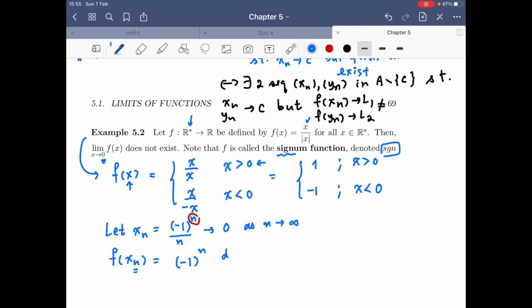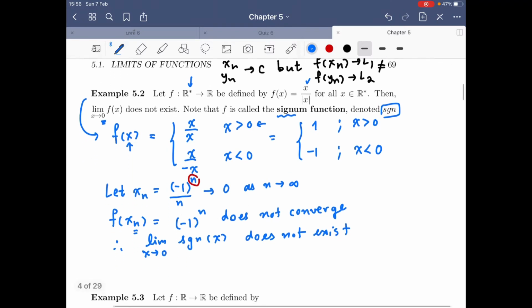And this one does not converge, remember, from the sequence chapter, or the limit does not exist. So it means that the limit as x goes to 0 of the signum function also does not exist.